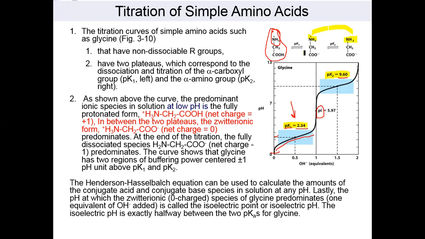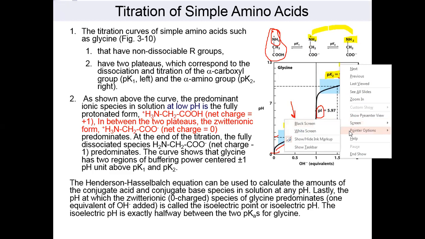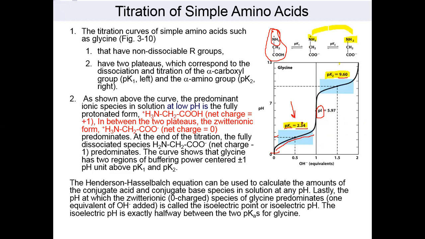Okay. Now, the third point, from where are we getting the third point? The third point is the point between 9.60 and 2.34. So, for example, this is pI. pI is actually equal to pK1 plus pK2 divided by 2.